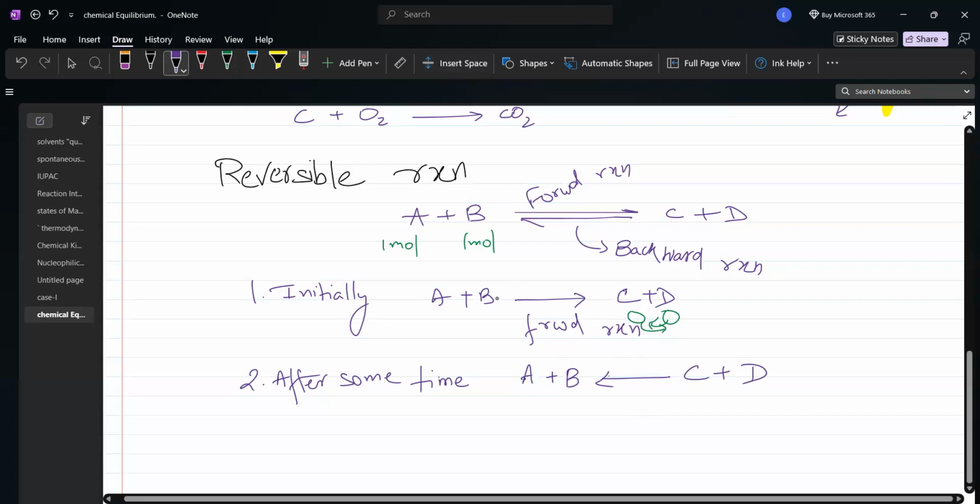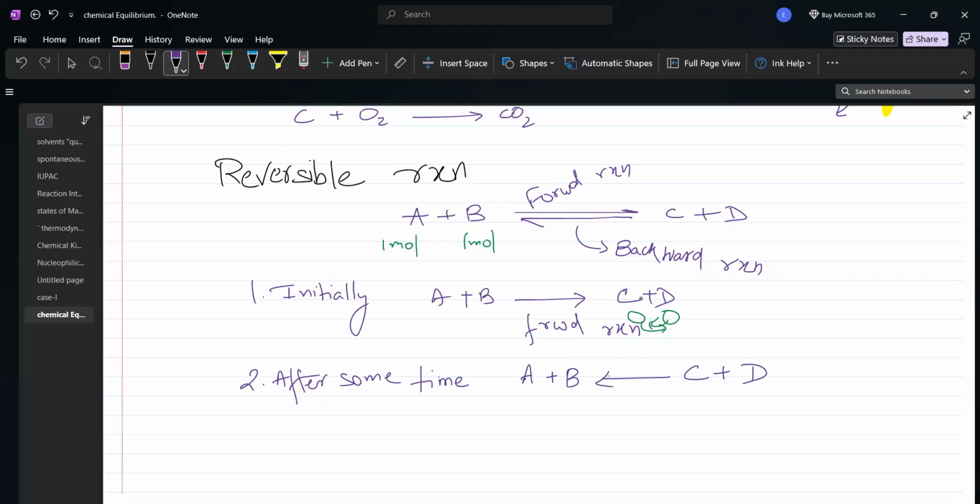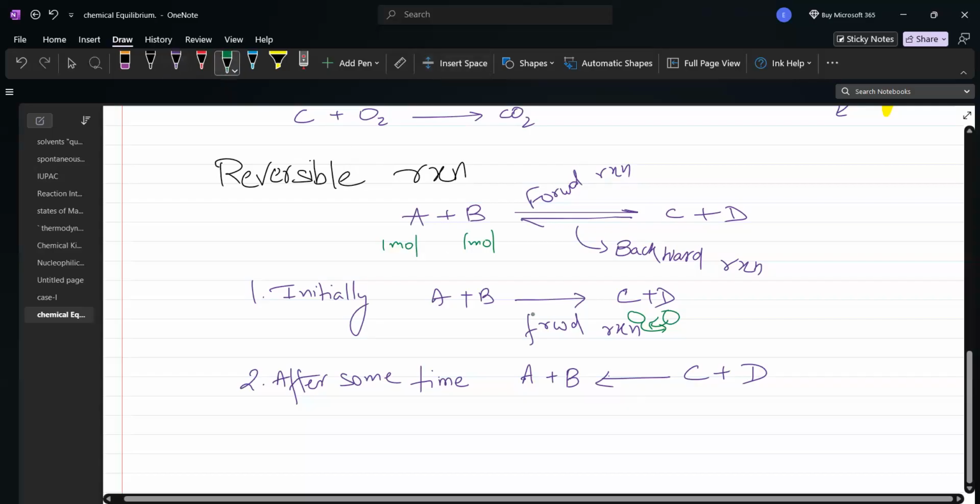A plus B has formed so much C and D that some C and D react, the reaction goes in the opposite direction, and they start forming A and B again. Understood? So this is a backward reaction. That is why forward and backward are happening simultaneously.